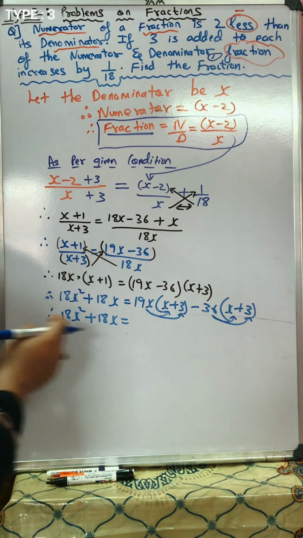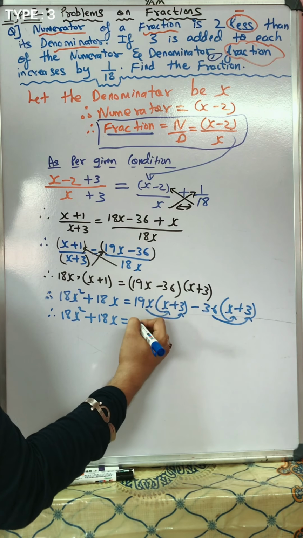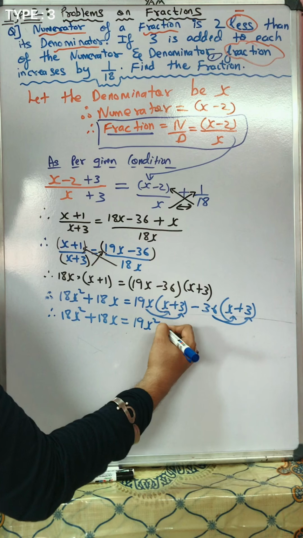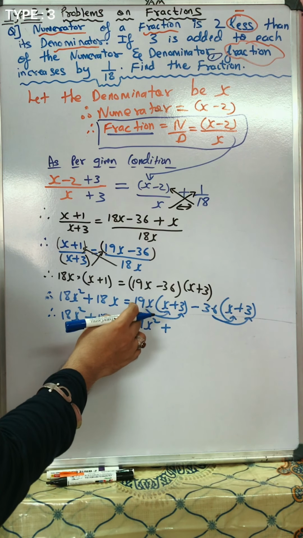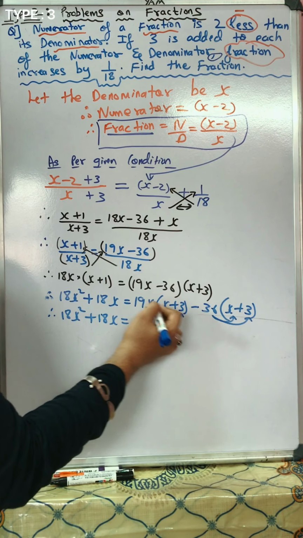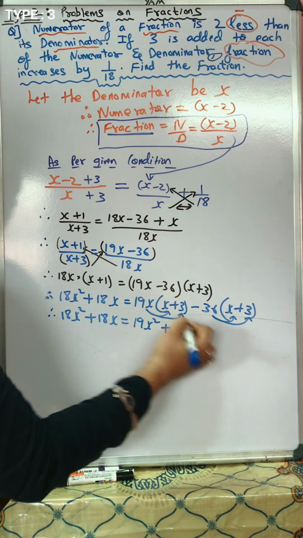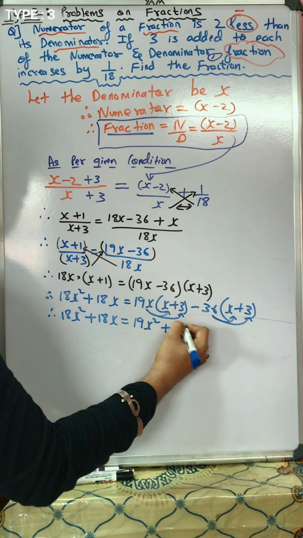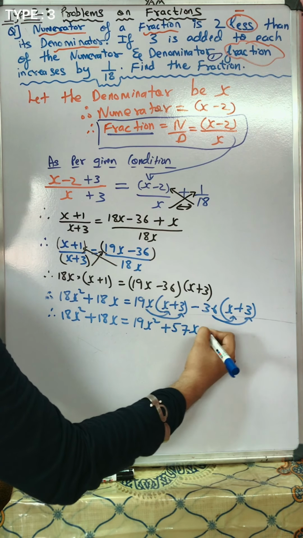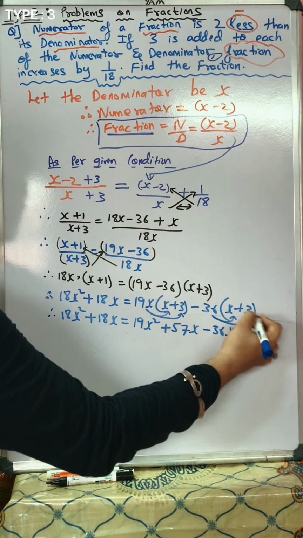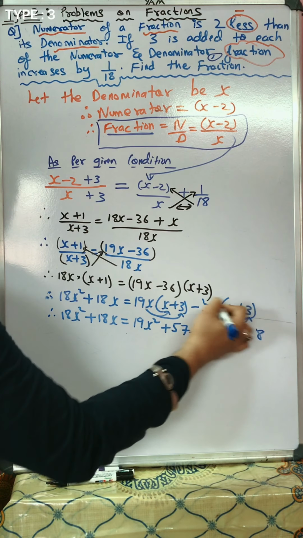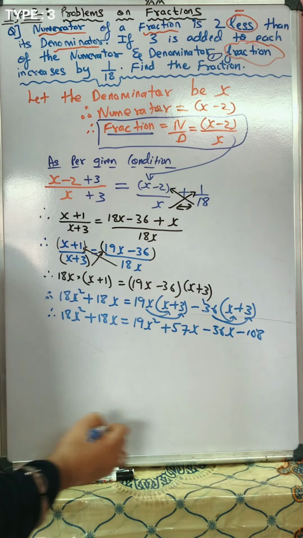So 19x multiplied by x will be 19x square, plus 19 multiplied by 3. 3 nines are 27, 2 carry, 3 ones are 3, 4, 5, 57x. Minus 36x, be careful, minus 6 threes are 18, carry 1, 3 threes are 9 plus 1 is 10, 108.